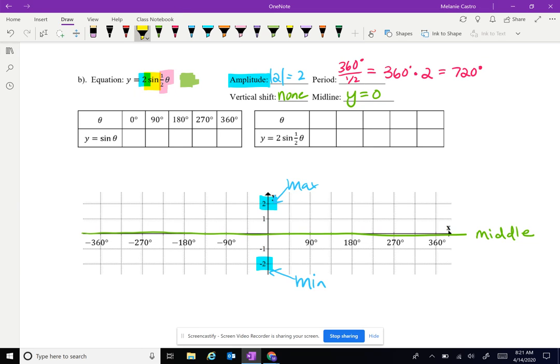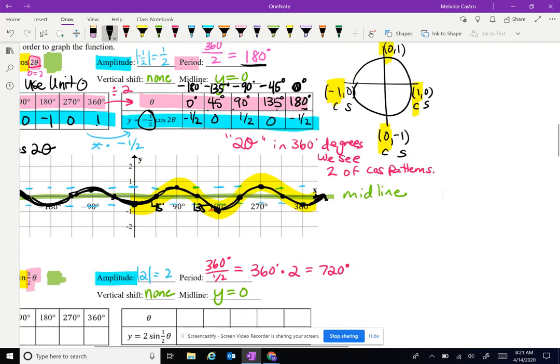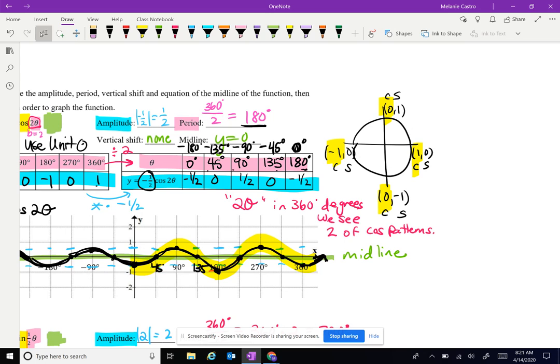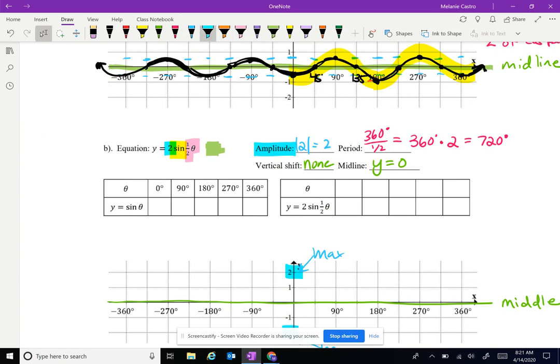So if we go back to our unit circle and look at the pattern for sine, here's my unit circle back there. My pattern for sine was 0, 1, 0, negative 1, back to 0. So sine starts at 0. So we fill in 0, 1, 0, negative 1, 0.